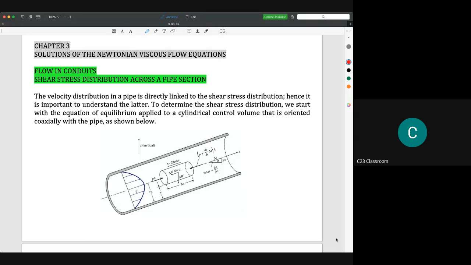But the difference is that in Couette flow they assume that the flow is a natural flow. That's why in the diagram, they show that the flow is downward. But in Poiseuille flow, that we are going to see right now, it is more about the flow in a pipe.